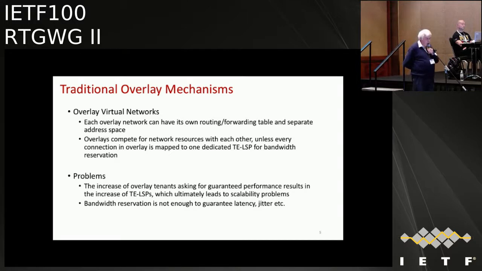The problem with this is that as we increase the number of overlay tenants asking for guaranteed performance, this results in an increase in the number of traffic engineered LSPs, which ultimately we believe leads to scalability problems, and that's the segment routing argument. Bandwidth reservation, in our view, is not enough for the degree of latency that we're being asked for.